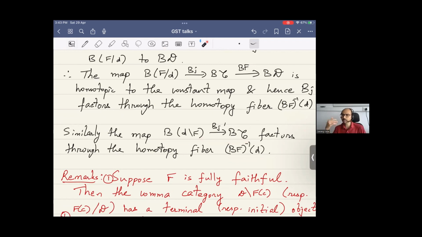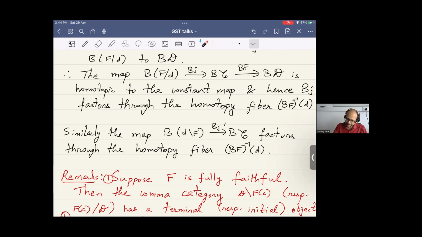So you can see that if you take a functor f, and then take the classifying space and the continuous map induced by that functor, bf, and I want to analyze bf from bc to bd, then I need to have some control over the homotopy fiber in order to write down what happens to the long exact sequence.